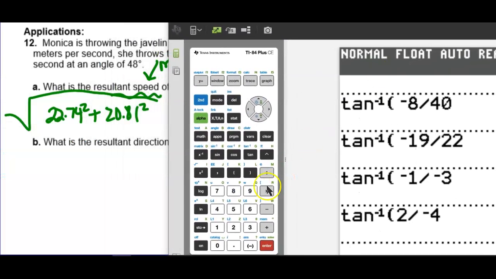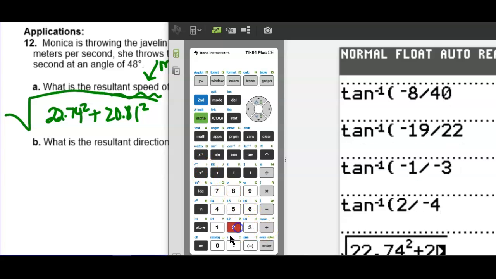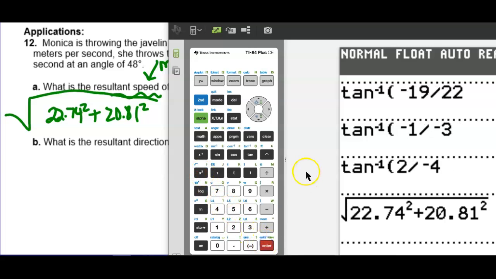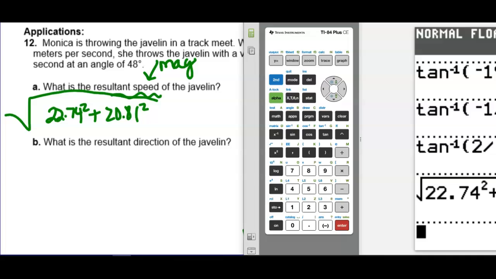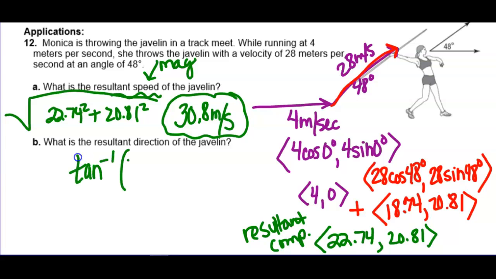All right, square root of 22.74 squared plus 20.81 squared gives me 30.8. So that is how many meters per second this javelin is going to be moving at. And it's going to move in a direction calculated by inverse tangent of the y resultant over the x resultant.